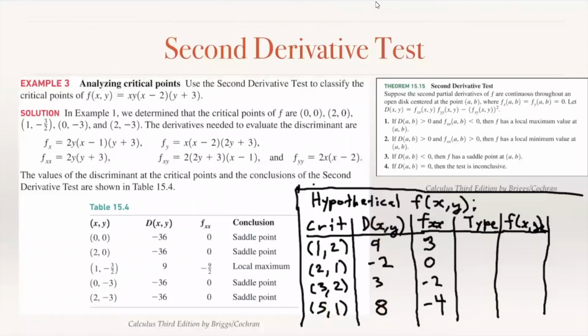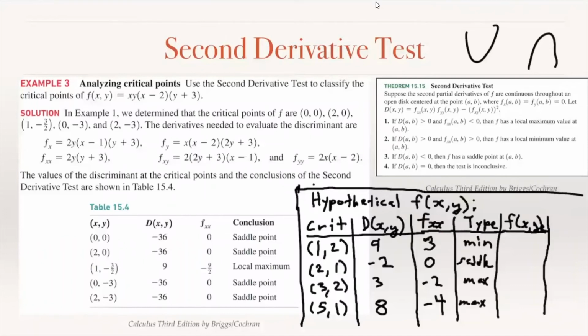Here D of xy is negative, so that would automatically be a saddle. Here D is positive and the slope is increasing, so that would be a local minimum. For the next two, the slope is decreasing, so both of those are local maxima.